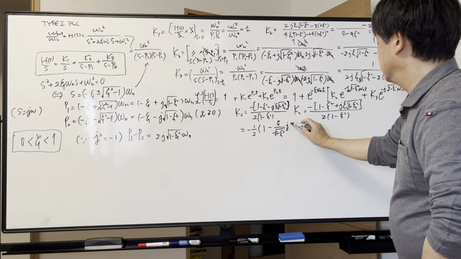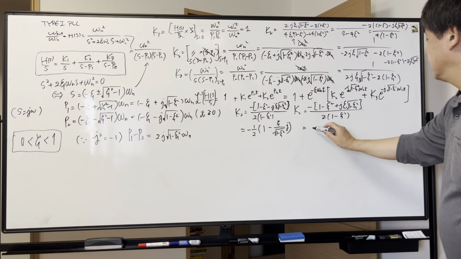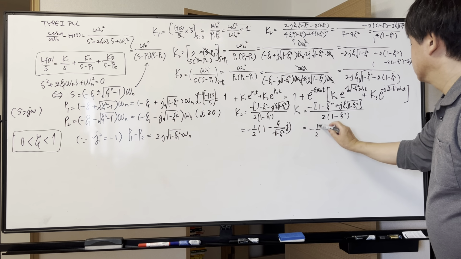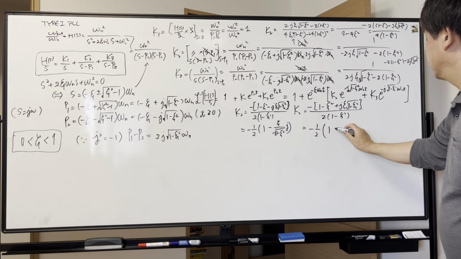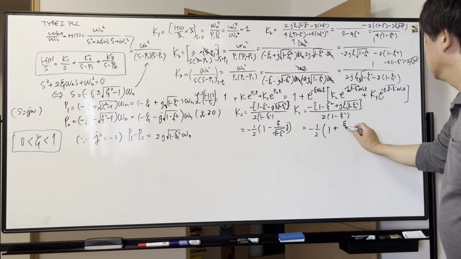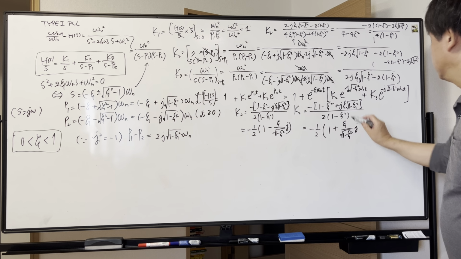Of course, there's a j. And for the case of k2, likewise minus half, and this is just 1. And this is plus, likewise, 1 minus square root, j.